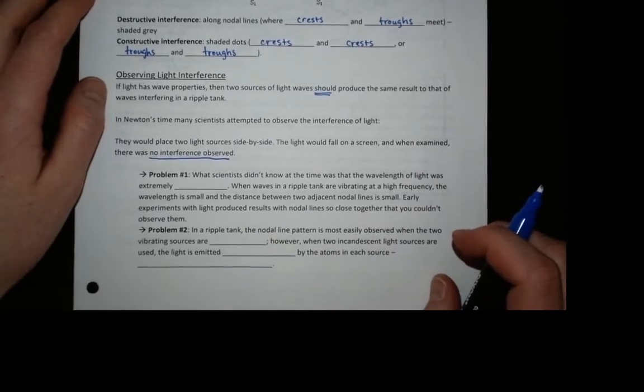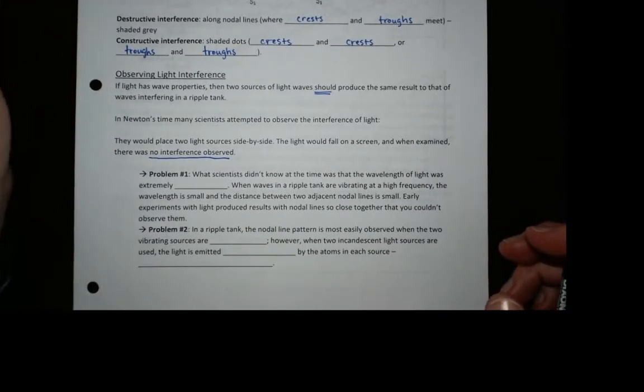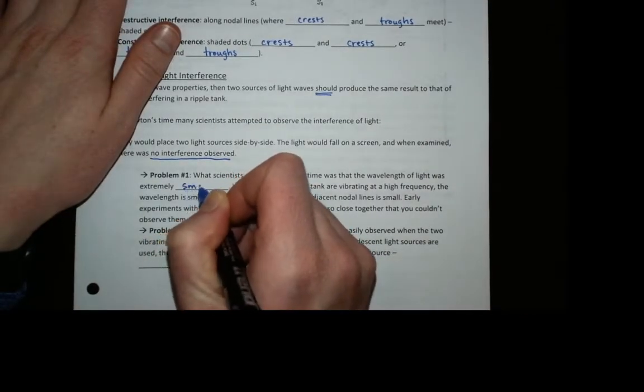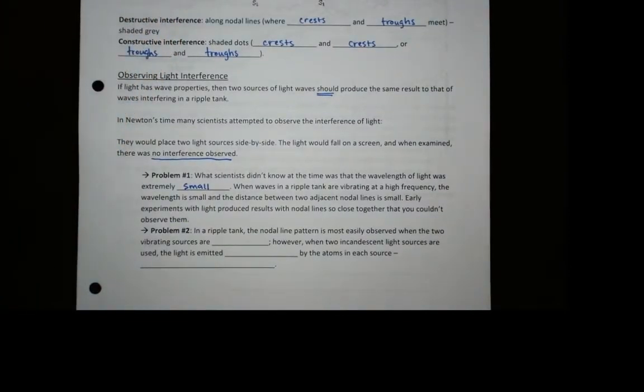So it turns out that there were two problems with the way they did this. At the time, problem number one is that they didn't know the wavelength of light was extremely small. So we know that light travels very fast, but it also has a very small wavelength. So when you have waves in a ripple tank vibrating at a high frequency, the wavelength is small, the distance between the adjacent nodal lines is small.